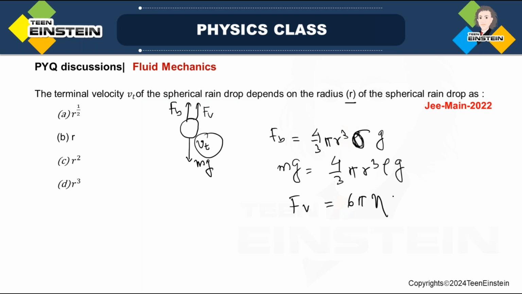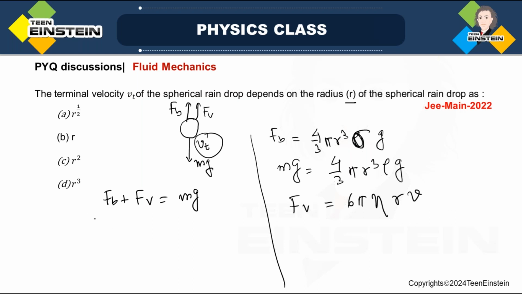Look from here, I have to find out what is the variation of r with the terminal velocity. The equation of motion is Fv equal to mg minus Fb.